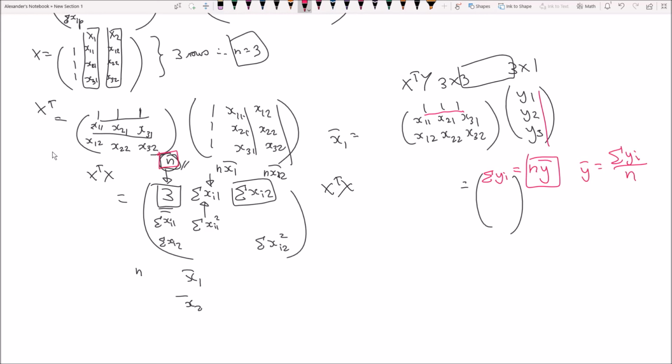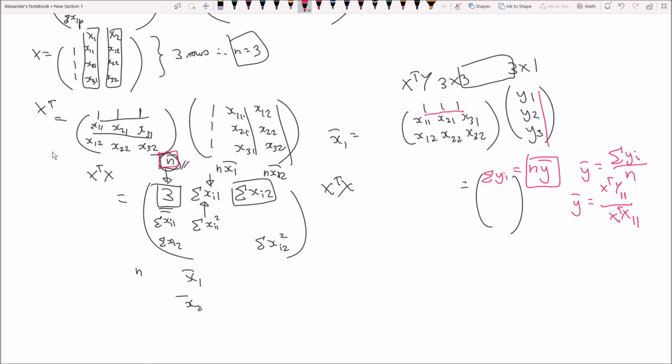Or if we denote it in matrix form, y bar is equal to X transpose Y's first entry, the first row, or just the first row because it's a vector, divided by X transpose X's first entry in the first column. That's always going to be y bar.